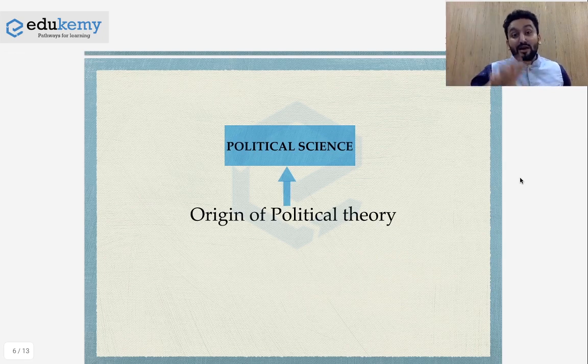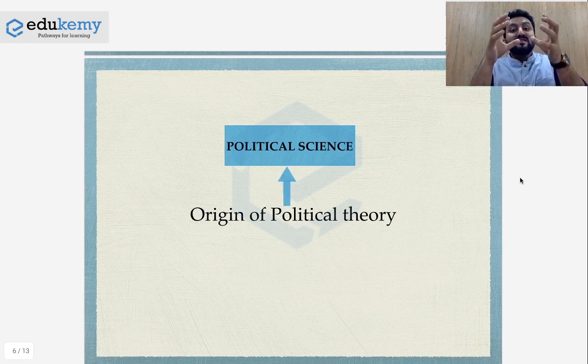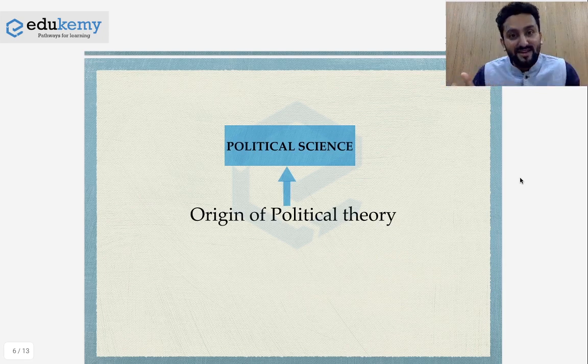Similarly, political science is observing what is happening around, what kind of challenges our society is facing, why these challenges. So all these analyses are molded into certain theories, and those theories are considered as political theory, right?